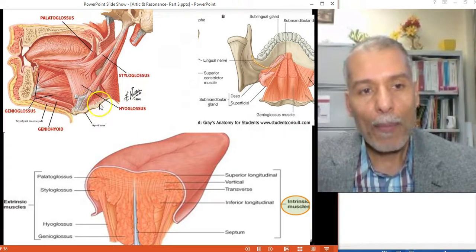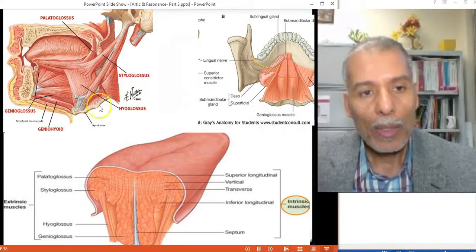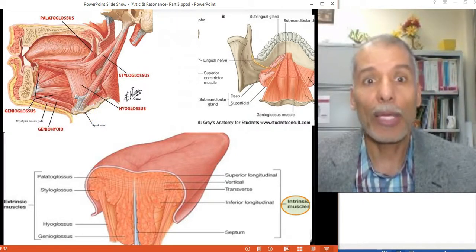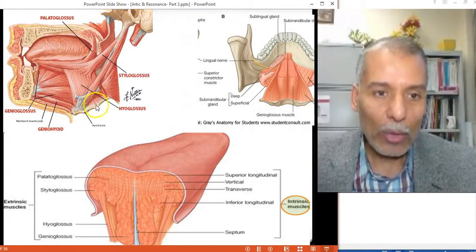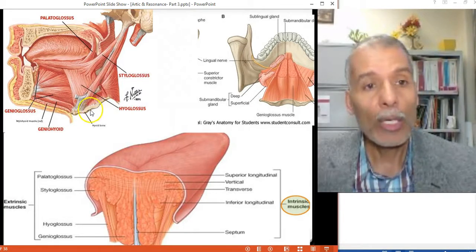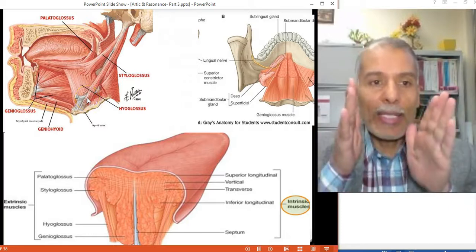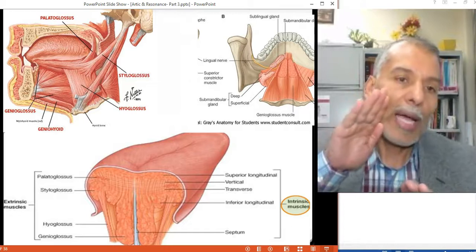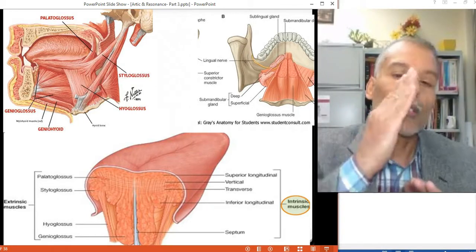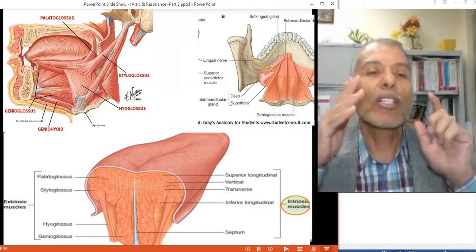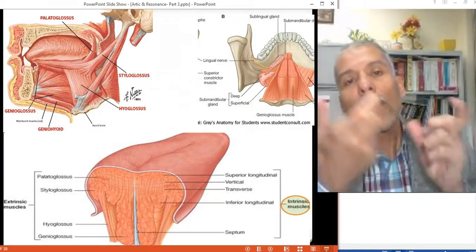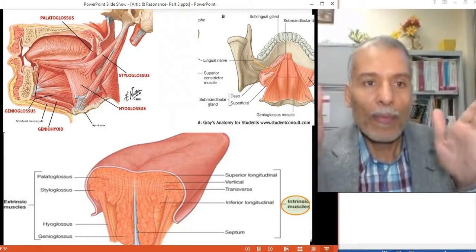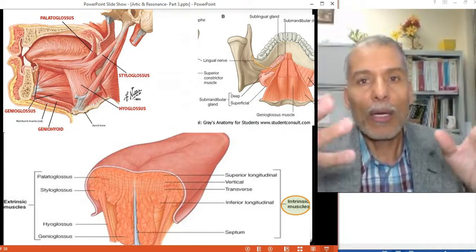Then the hyoglossus. From the name itself, you can tell that it originates on the hyoid bone, and it rises and goes slightly anteriorly, so it's at an angle like this, and it inserts onto the posterior 1/3 of the tongue, onto the sides of the tongue.